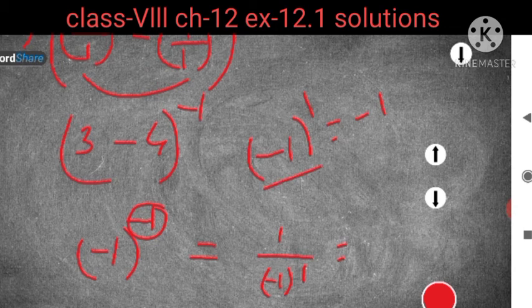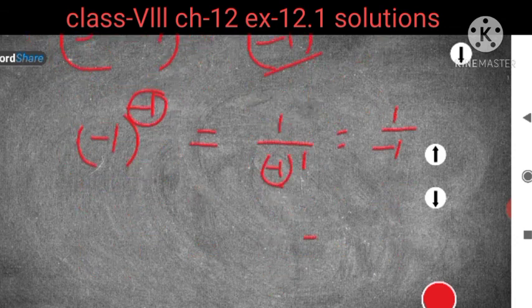That means you can write 1 upon minus 1. 1 divided by 1 is 1 only, and the answer will be negative. So the answer is minus 1. Okay, so minus 1 is the answer for this question.